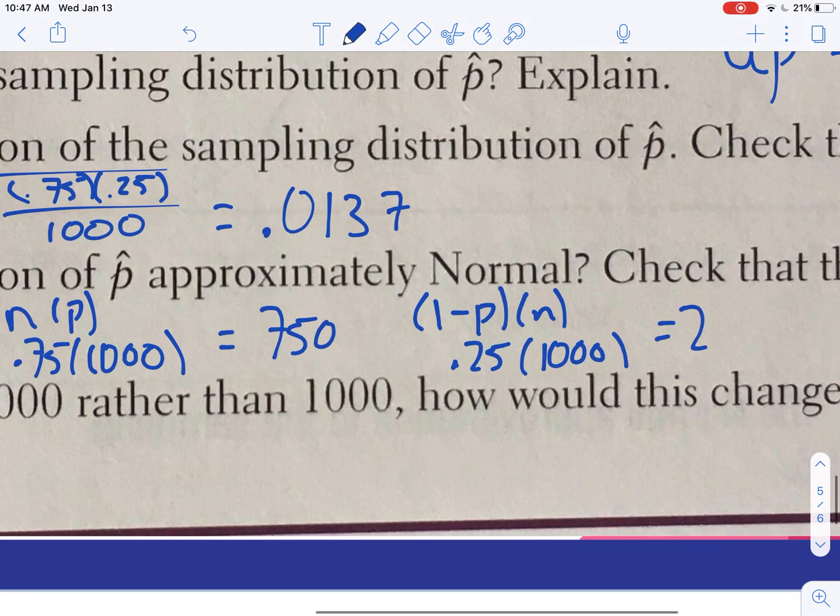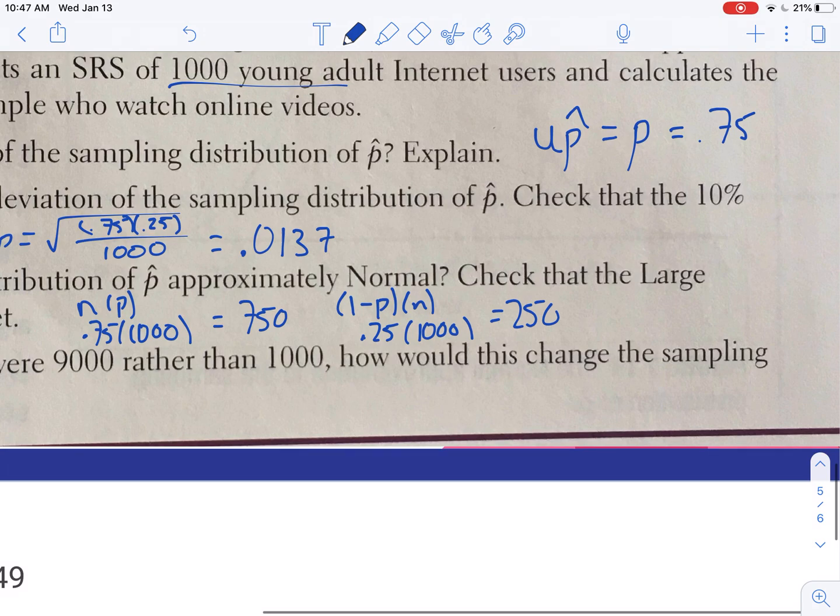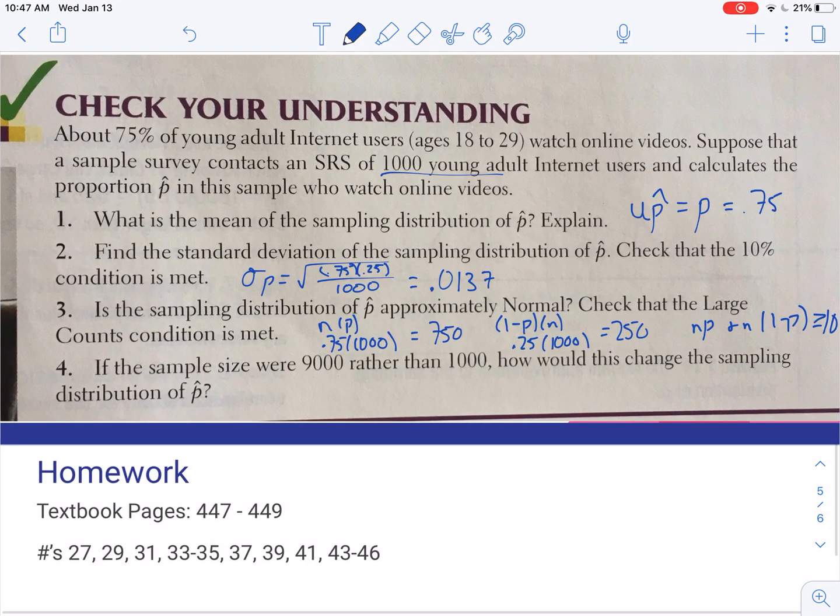This is 250. So both of these, n times p and n times 1 minus p, are greater than or equal to 10. Our large counts condition is met.